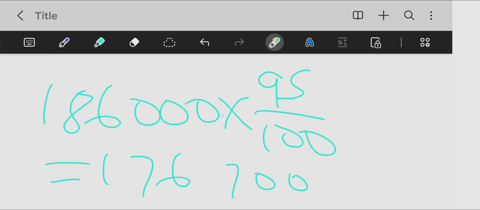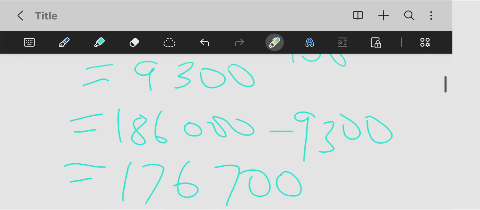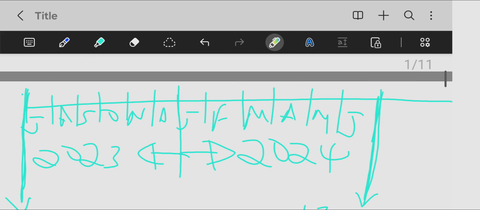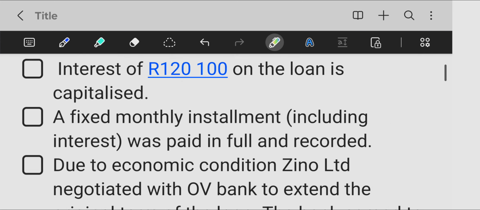Right, why do we need this amount of money? Because when we disclose our loan on the statement of financial position, remember the balances that you put on the statement of financial position. This is a very important concept. Listen very carefully.